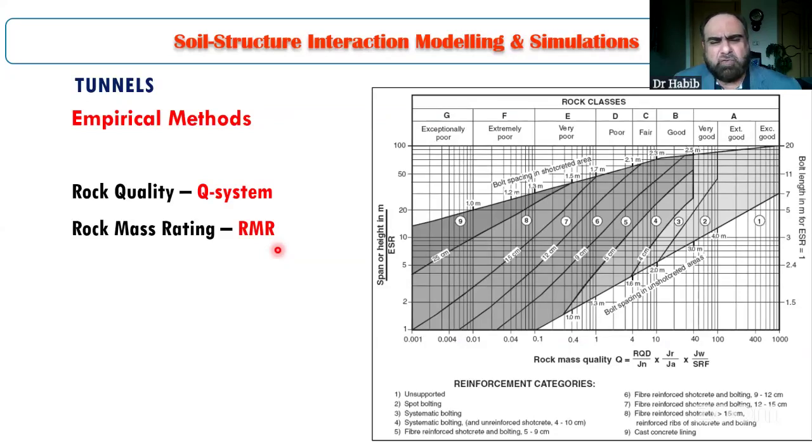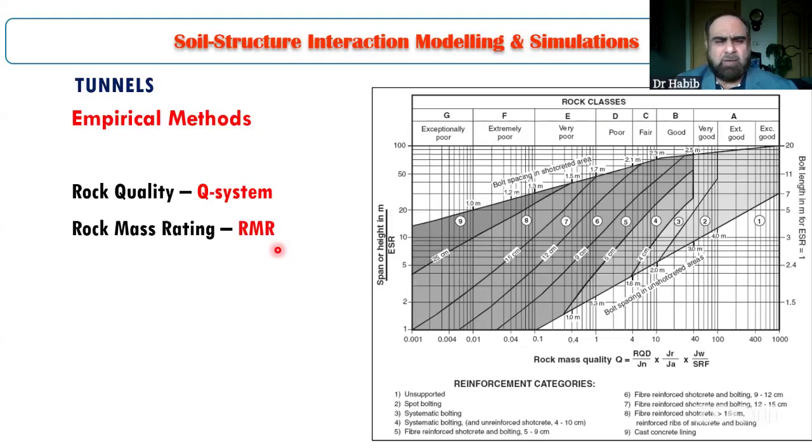And then based on these classes, we have empirical and semi-empirical concepts, or an experience-based database, that is usually used to come up with the design of the support system for the tunnels.